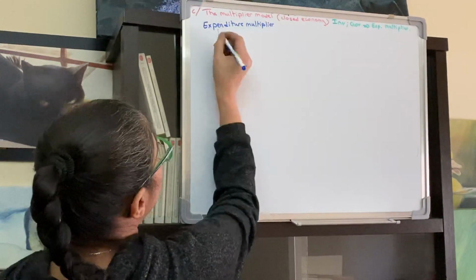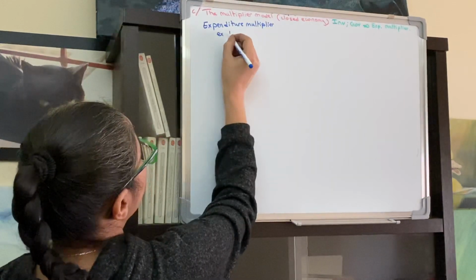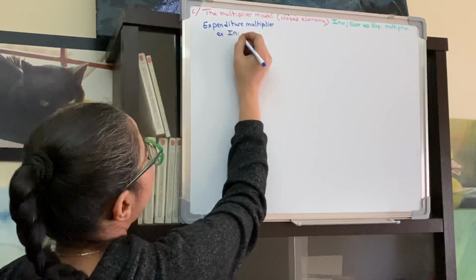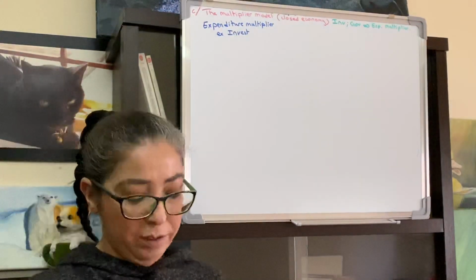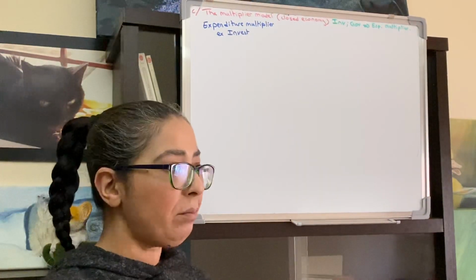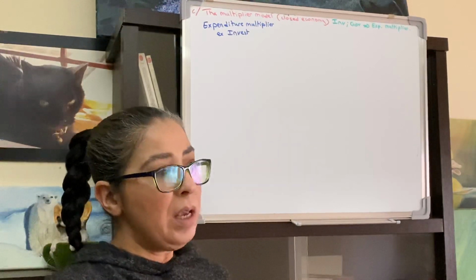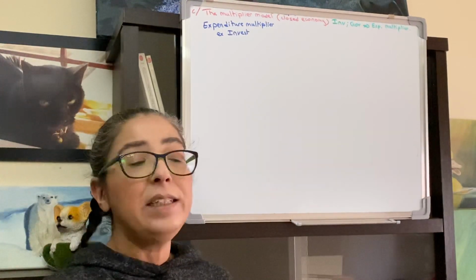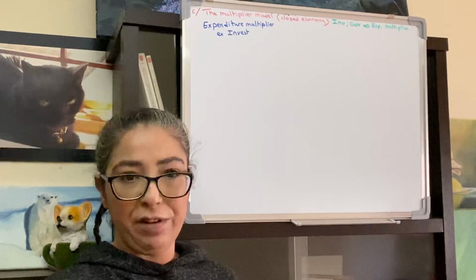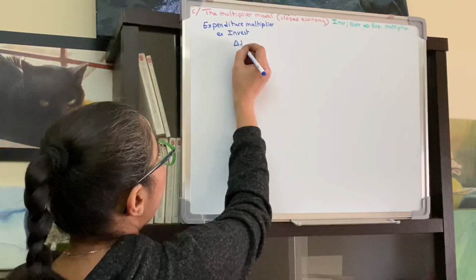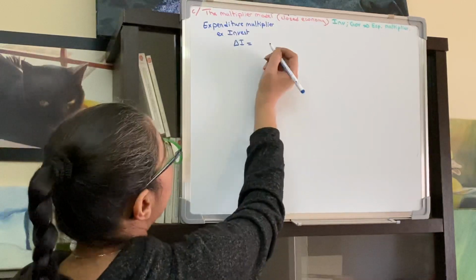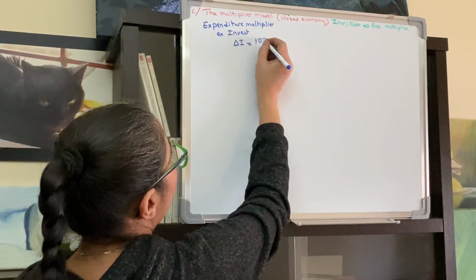Now I'm giving the example with investments. What works with investment is going to work with government purchases. Now, let's imagine I added $100 in investment. So delta I, the change in investment, is equal to $100.